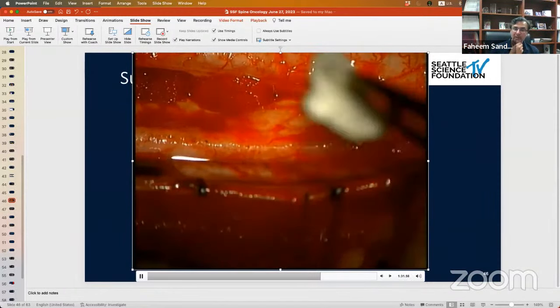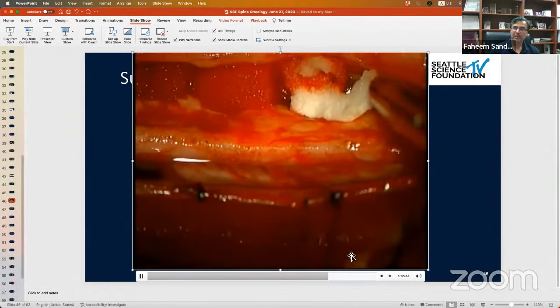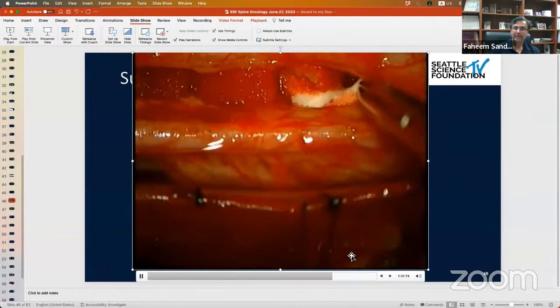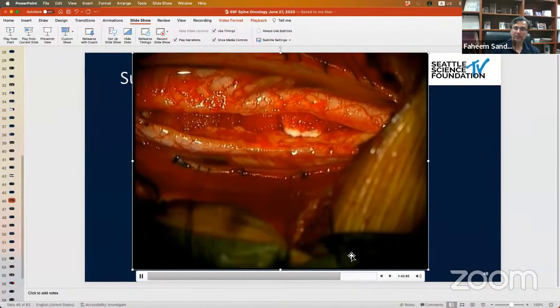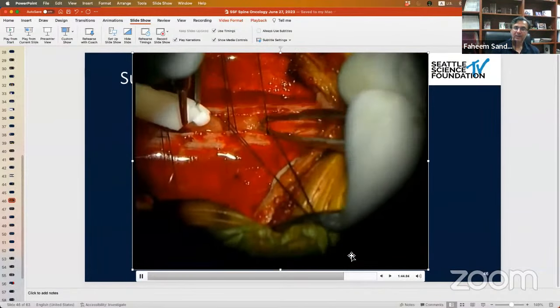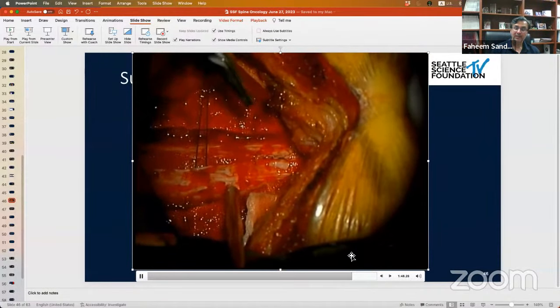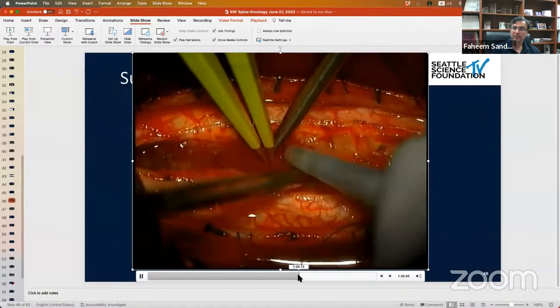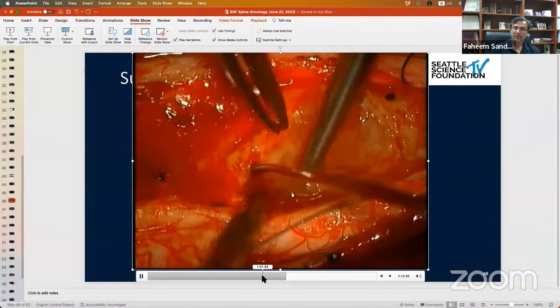You can actually injure the cord if you put too much traction. So, using the ultrasonic aspirator is very helpful. And then really paying attention to the intraoperative neuromonitoring to guide when you're being too aggressive or maybe violated the margins of the tumor spinal cord parenchyma interface.